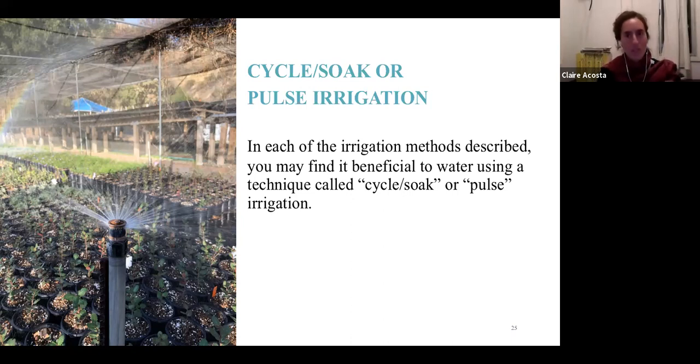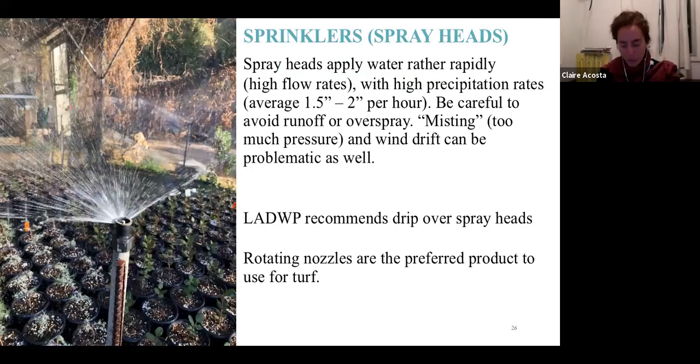So sprinklers, which are spray heads, the traditional nozzles, have higher flow rates, which means they're throwing out more water than a drip or even the MP rotors, which are the water conserving sprinklers. Higher flow rates also mean higher precipitation rates, about 1.5 inches to 2 inches per hour.